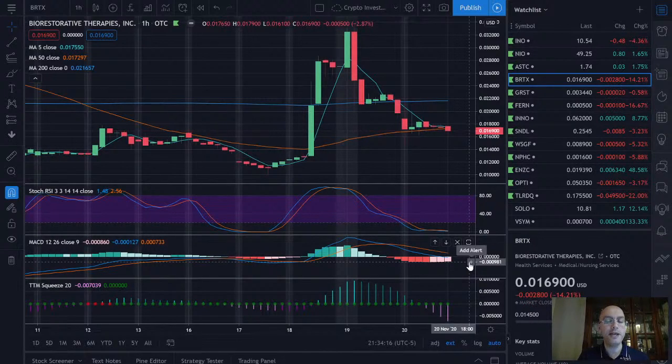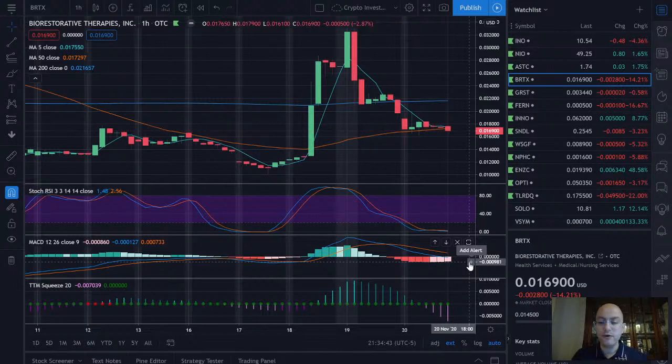Hopefully this is making sense. So the RSI is a derivative of the price. The stochastic RSI, or the stochastic oscillator, is a derivative of the RSI itself, or the second derivative of the price.